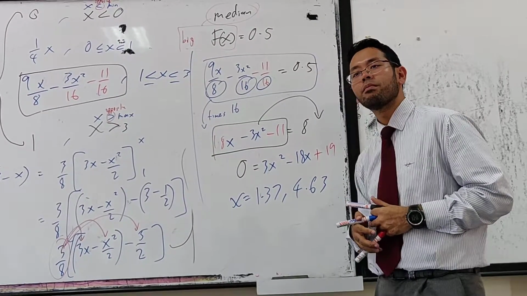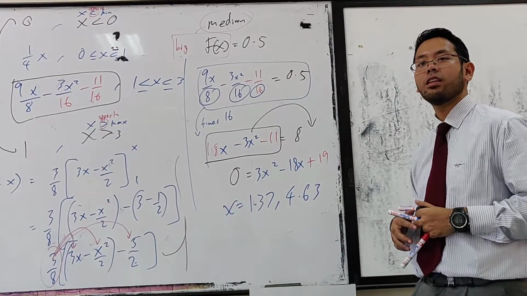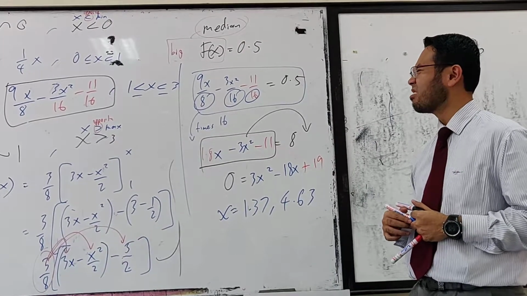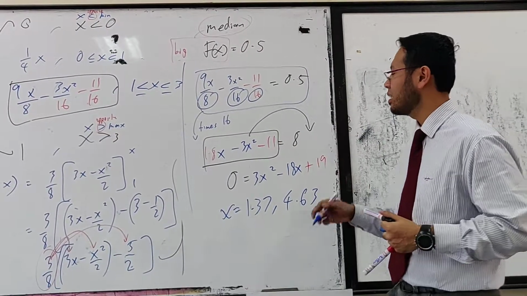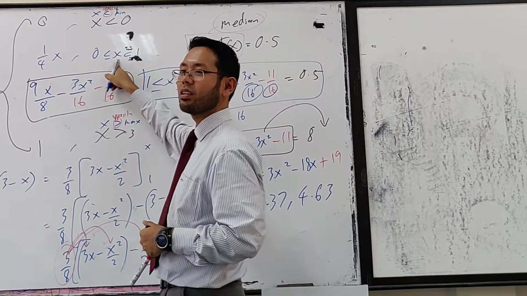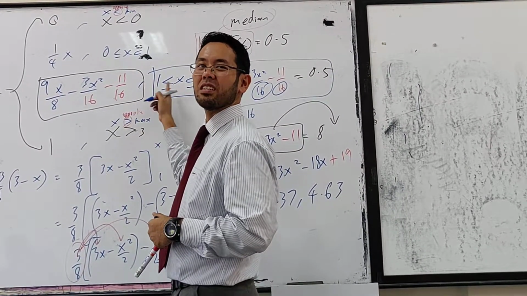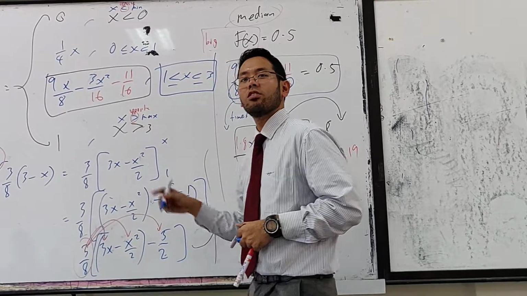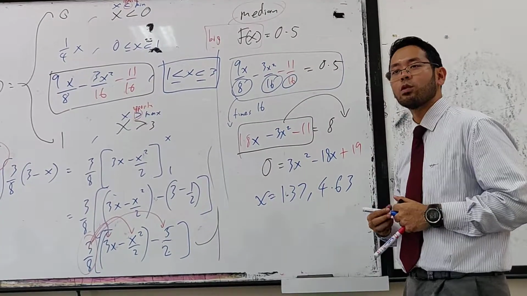Should we take both of them? Why not? That's the range. Why are we choosing this range, not this one? That's the second function. This is the range. So what's the problem with the range and the answers we got here?